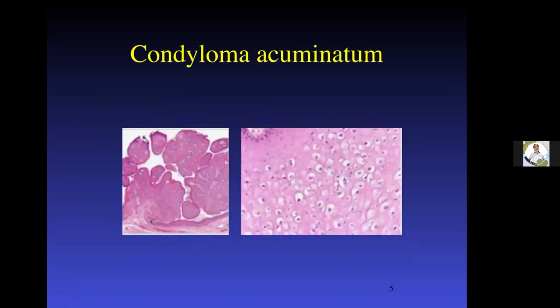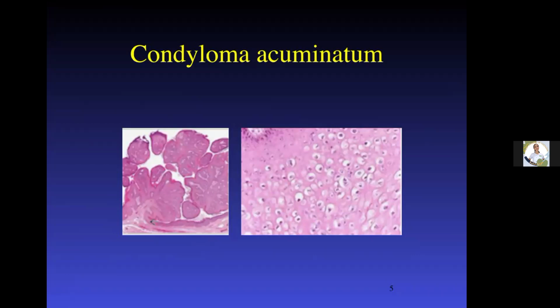So here is a picture of your condyloma acuminatum. This is a histologic picture wherein you can see papillary excrescences and your lining stratified squamous epithelium is hyperplastic, or increased in the thickness of your lining epithelium.